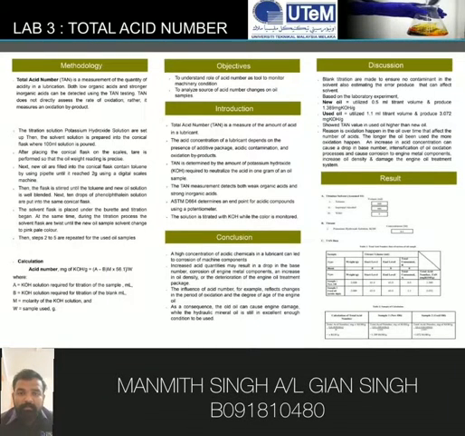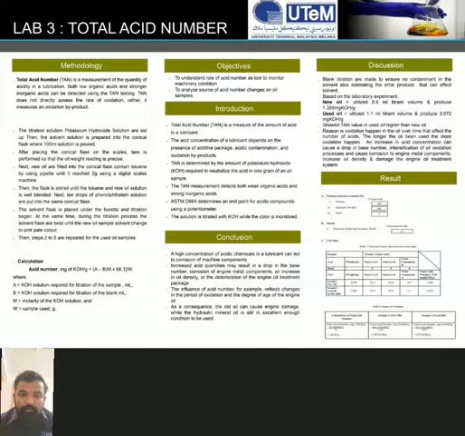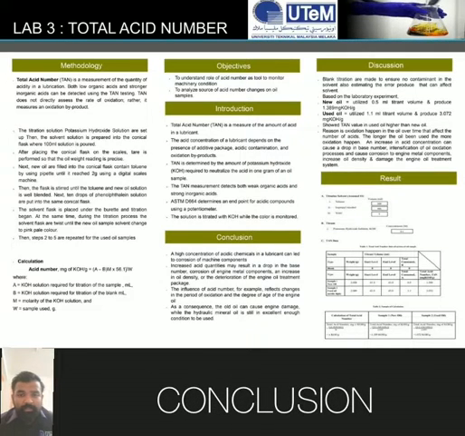As a conclusion for our given assignment topic, which is total acid number, we would like to conclude that a high concentration of acidic chemicals in a lubricant can lead to corrosion of machine components.